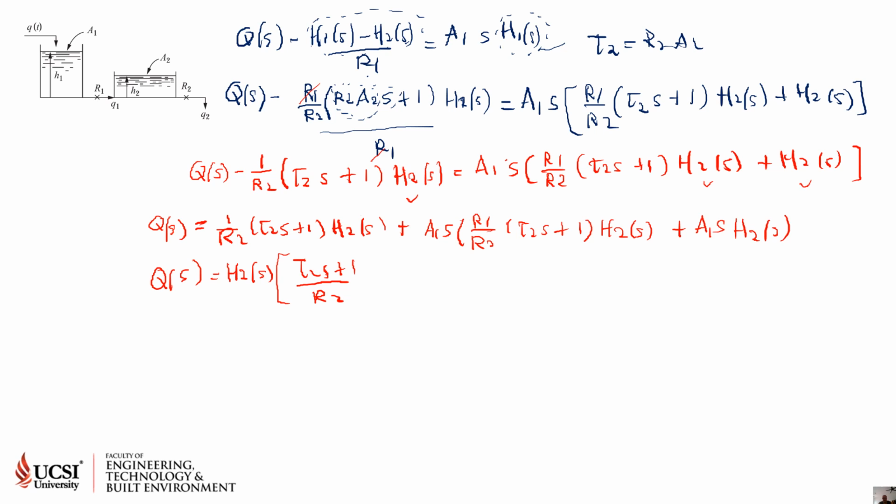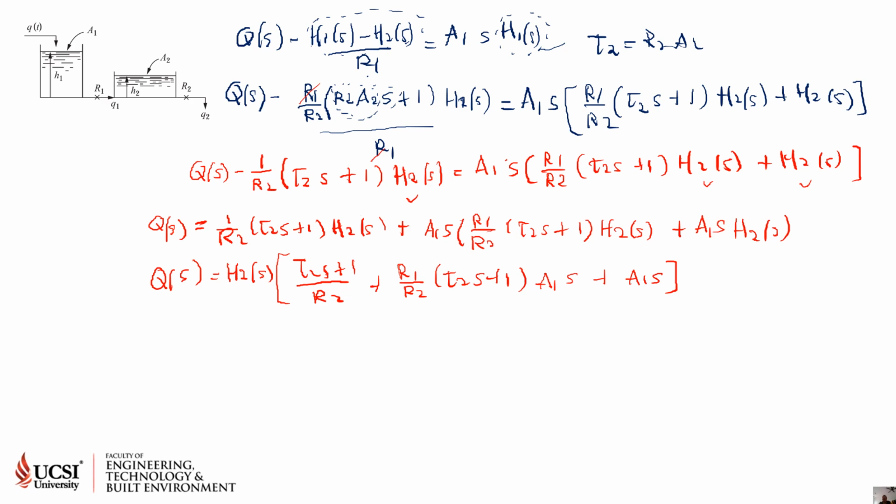For the second term, I can write as R1 over R2, tau 2s plus 1, so A1 s, plus A1 s, don't forget the s.